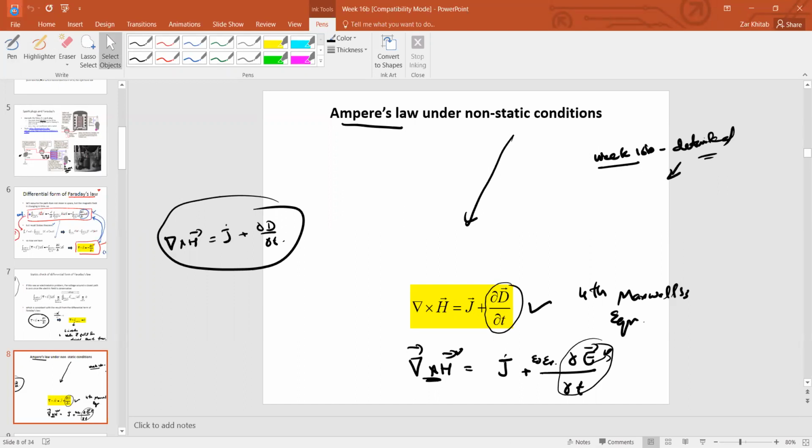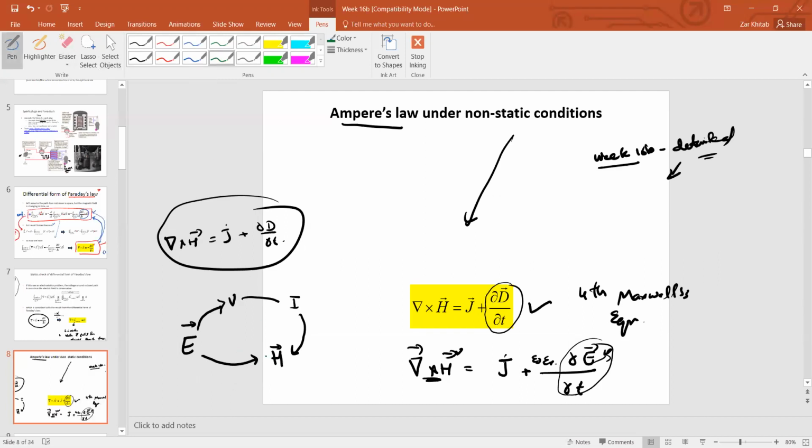So if you have the electric field, you're going to get the magnetic field. Reverse is also true. If you have the magnetic field, you're going to get the electric field. Remember, if you have the electric field, you have the voltage. And if you have the voltage, you have the current I. If you have current I, you get the magnetic field.